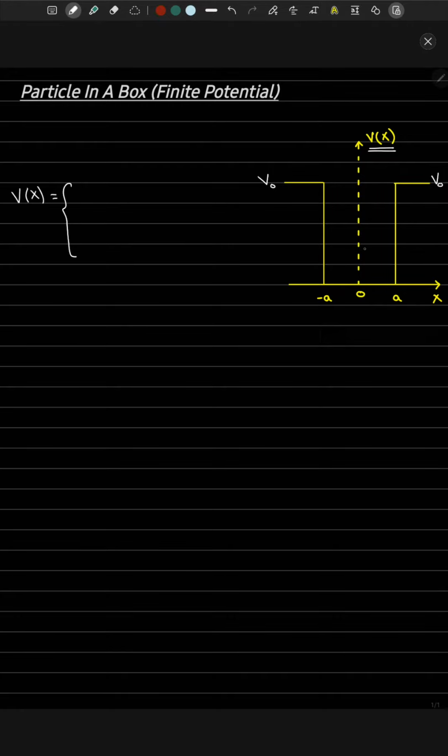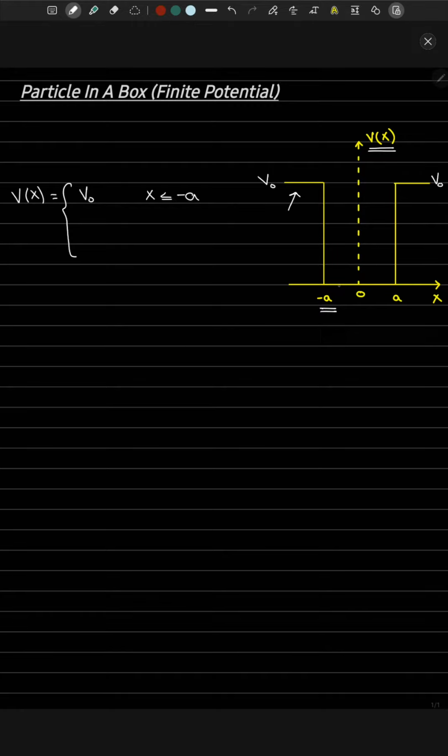If we look at this diagram, for x equal to or less than minus a, you have potential energy V naught. So I can write that V of x is V naught whenever x is less than or equal to minus a.